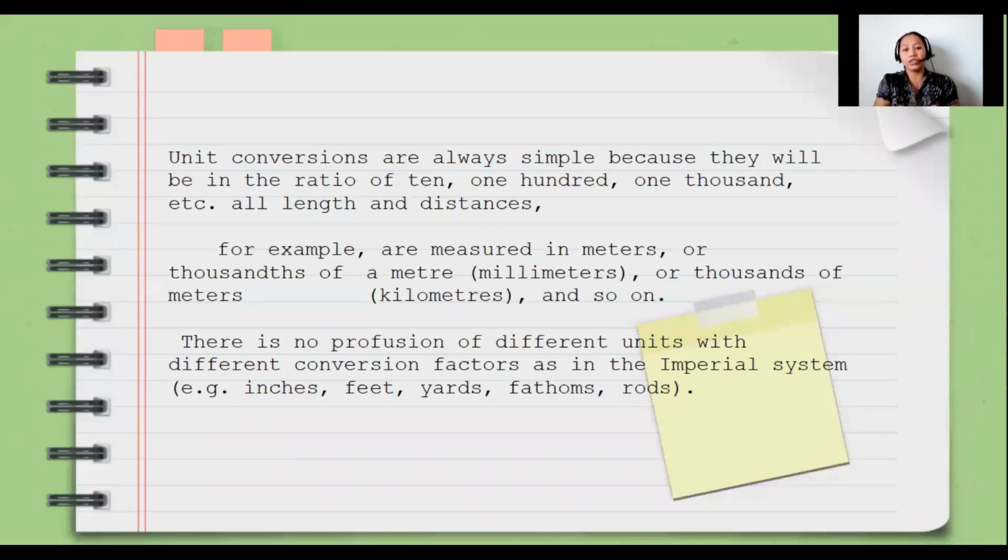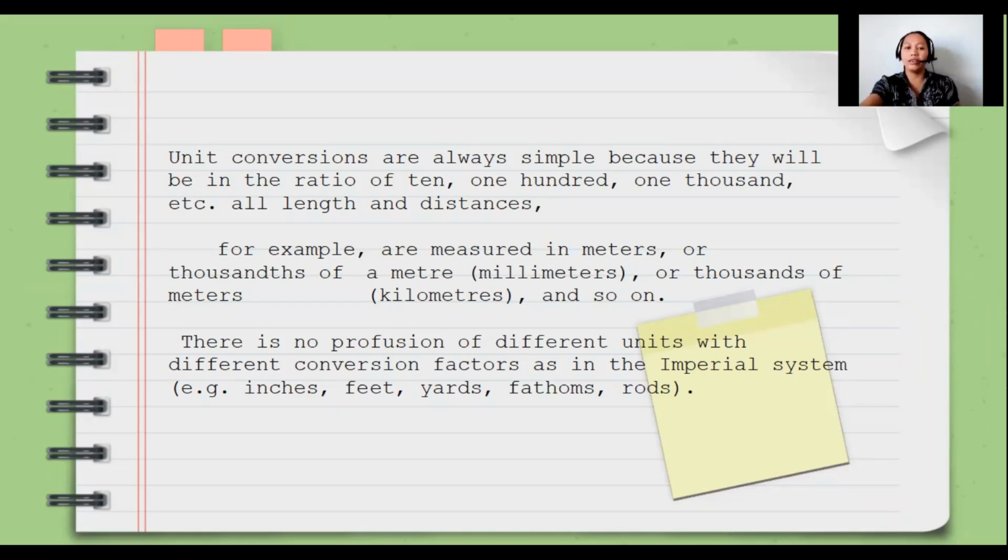Unit conversions are always simple because they are in the ratio of 10, 100, 1000, and other ratios for all lengths and distances. For example, lengths and distances are measured in meters, or in thousandths of a meter, which we call millimeters, or thousands of meters, the kilometers, and so on.